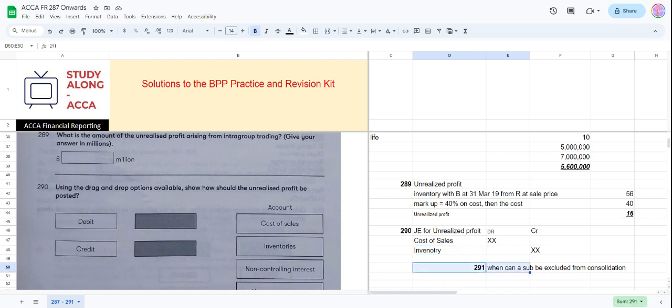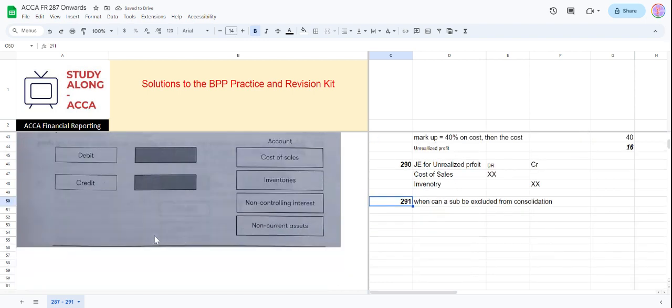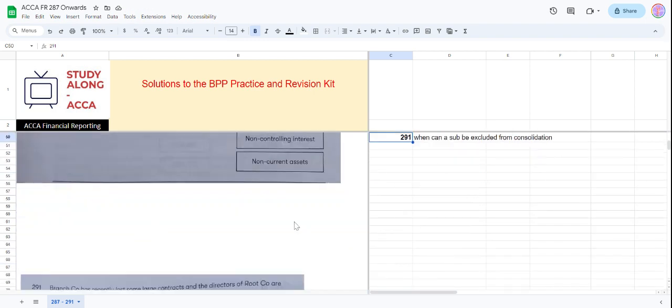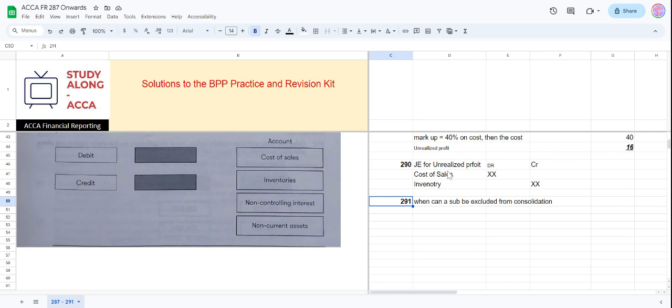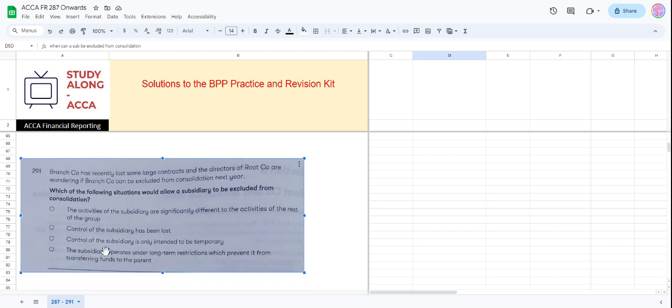Then 291, I already have this answer. When can a subsidiary be excluded from consolidation? These are the four options given.